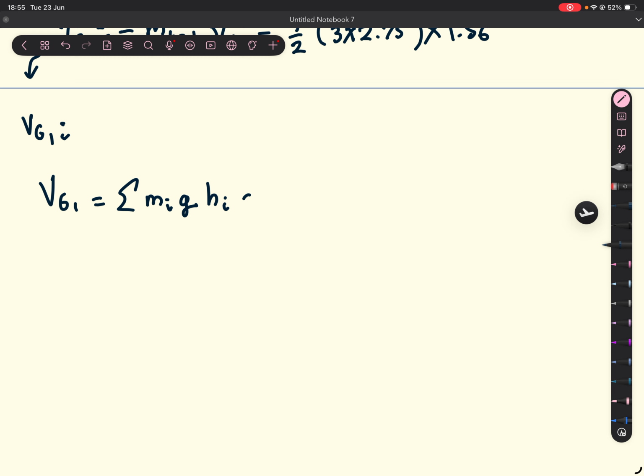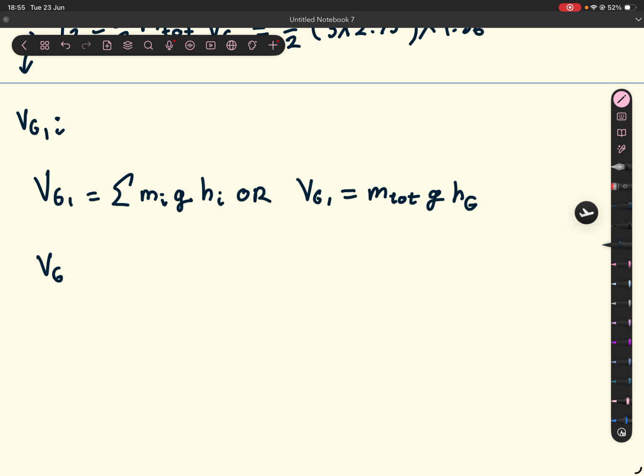Because we don't know the position of the center of mass, you can go and calculate it if you wanted to, but it's honestly not necessary. It's a lot easier to just do the heights for each and every sphere, right?